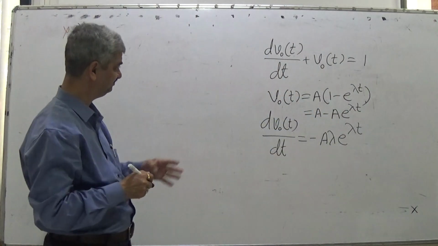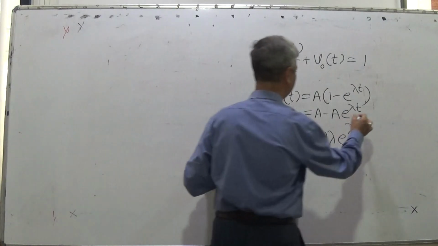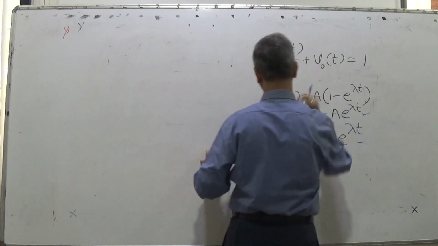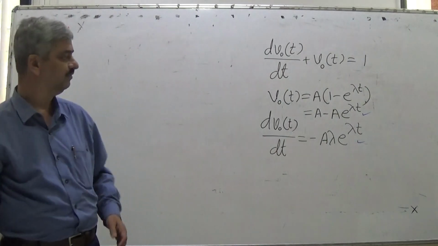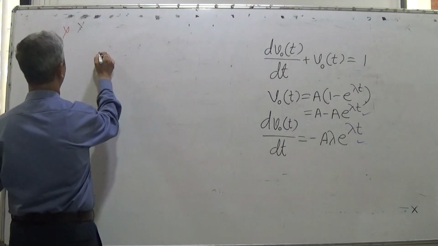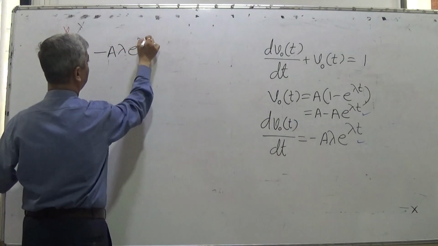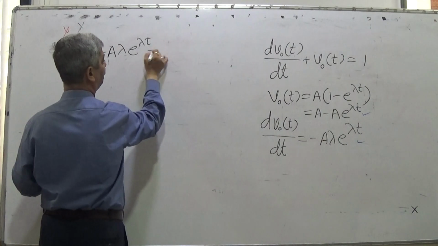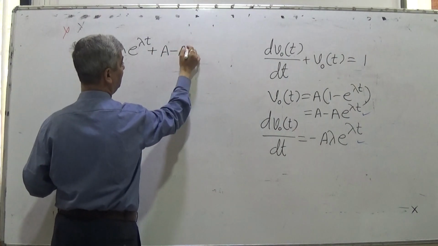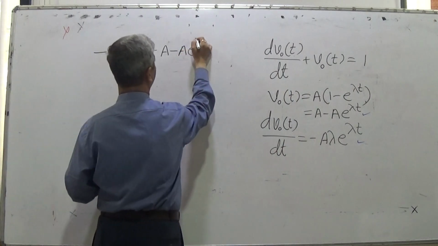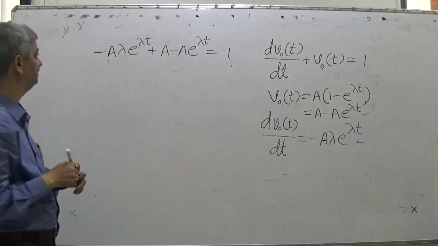Then simply use these two expressions, this one and this one, for this LHS and RHS. So dVOT by dt is minus A lambda e raised to lambda t plus A minus A e raised to lambda t is equal to 1.